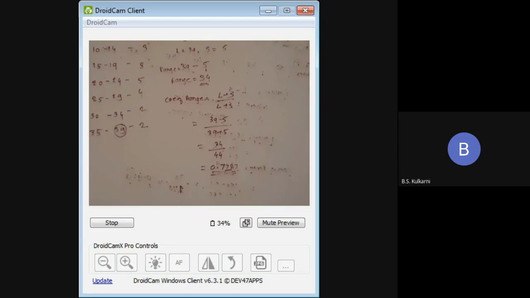And the number of students, that is frequency, for 10 to 20 it is 8, for 20 to 30 it is 10, for 30 to 40 it is 12, for 40 to 50 it is 8, and for 50 to 60 it is 4. So now calculate range and coefficient of range.